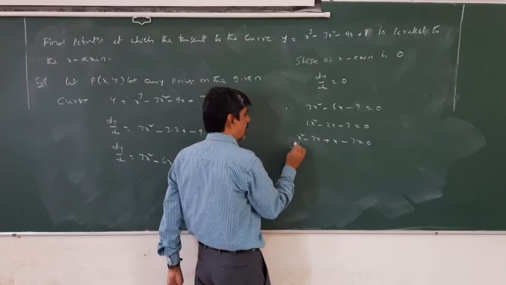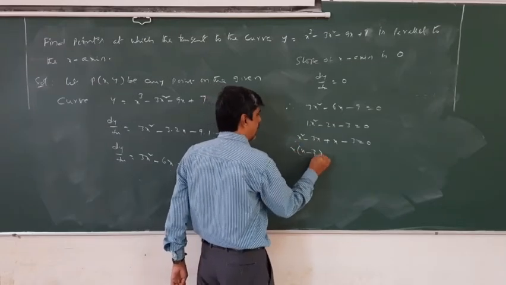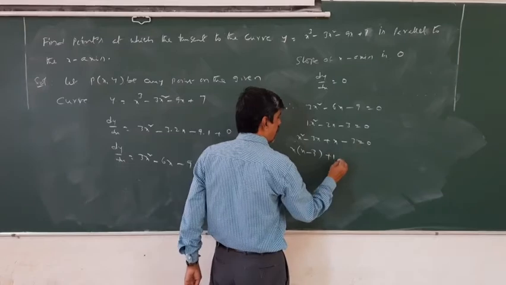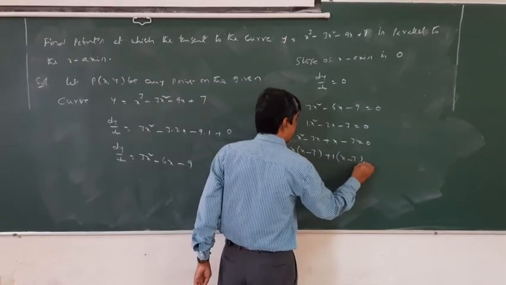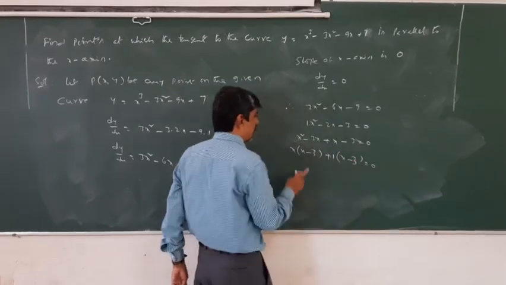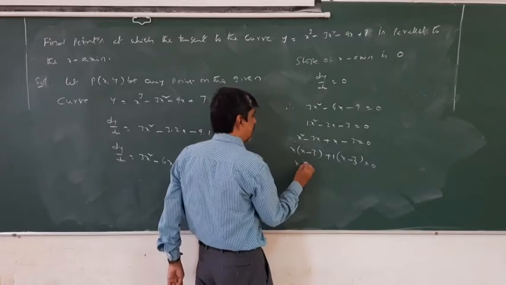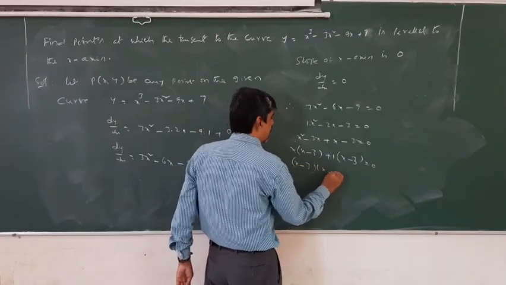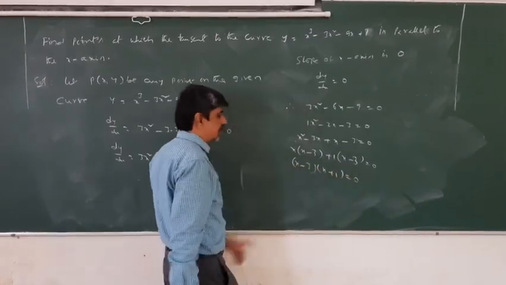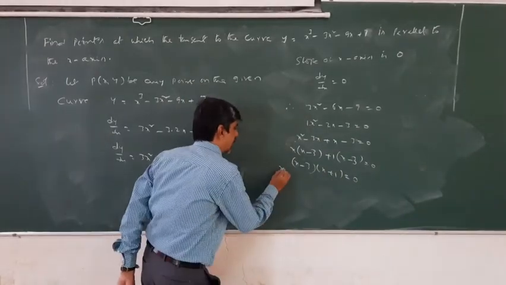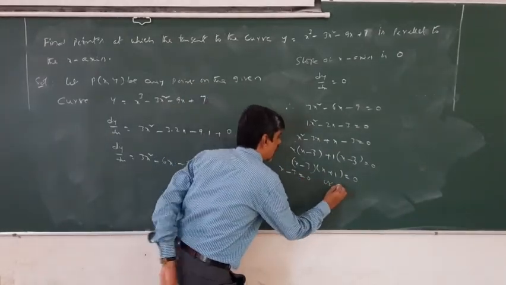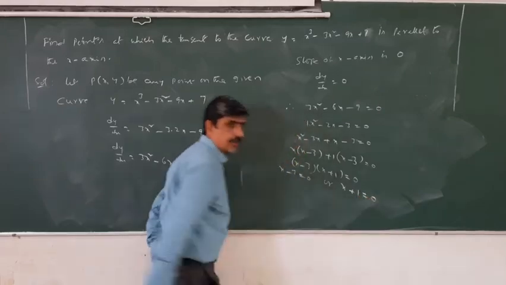So take x common from the first two terms: x minus 3. Take 1 common from the last two terms: x minus 3 is equal to 0. Here x minus 3, here x minus 3. Take x minus 3 common, then x plus 1 is equal to 0. So this product is equal to 0, which means either x minus 3 is equal to 0 or x plus 1 is equal to 0.